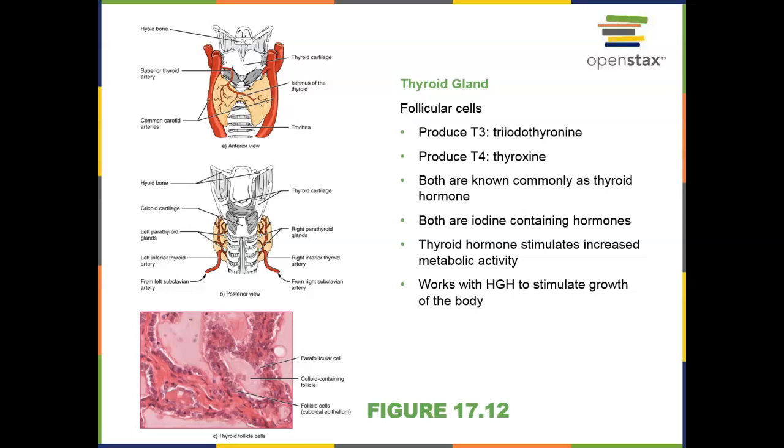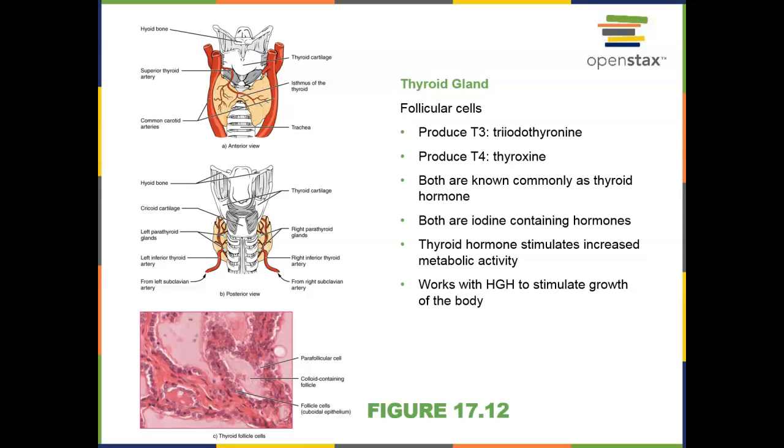So think about your daily life and where you get iodine from. Most of you probably thought, oh, table salt, because our table salt is typically iodized. In some countries, iodine is not easy to come by, and these individuals can't produce thyroid hormone as effectively. Without iodine, we can't produce thyroid hormone.